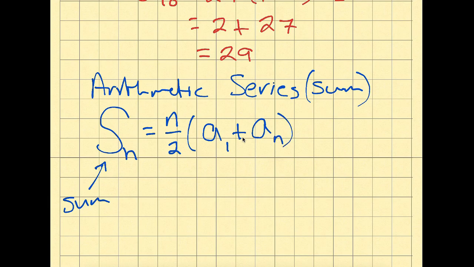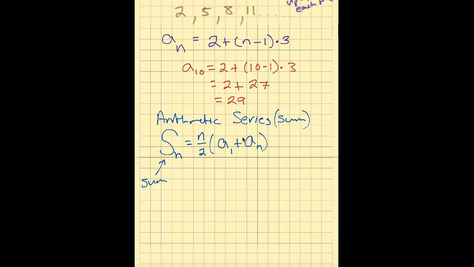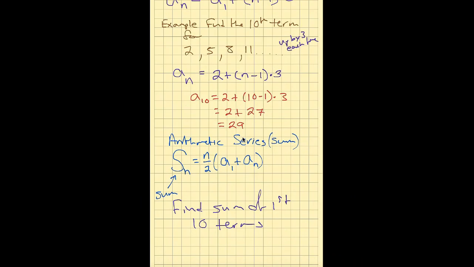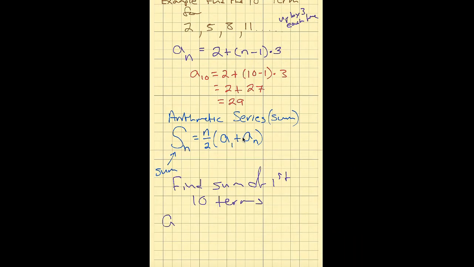So if we take our last example and let's say we needed to find the sum of the first 10 terms. In this problem that we had up here, we knew the first term was equal to 2.